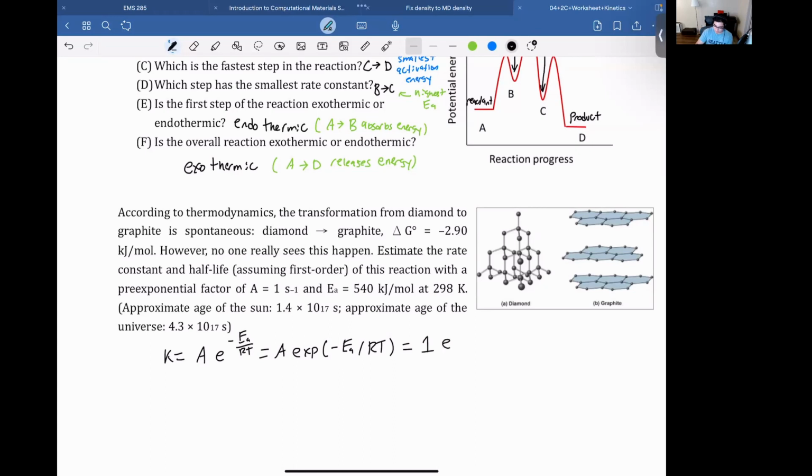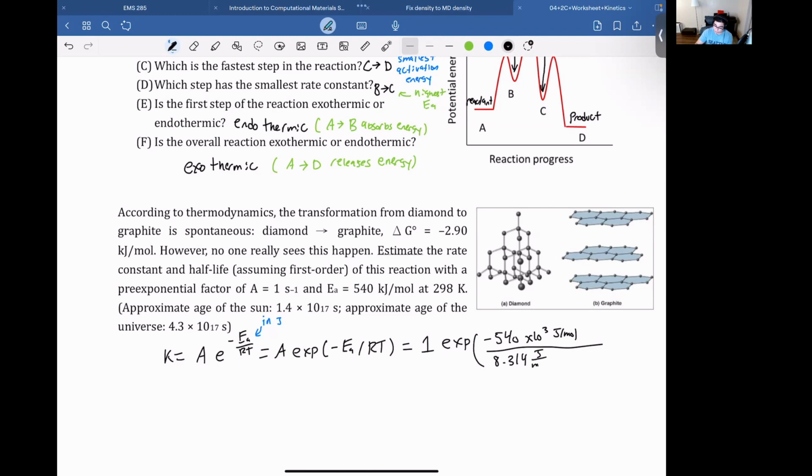So A is 1. You're taking e to the power negative 540. Now, something you do have to do is convert this to joules, not kilojoules. So this is 540 times 10 to the third joules. Divided by, and the reason it's in joules is because you're using your energetic constant, 8.314.